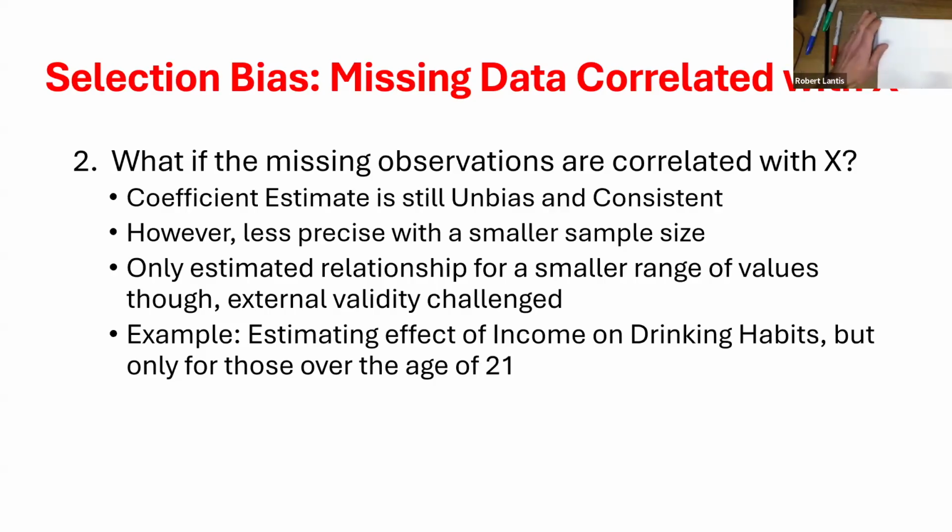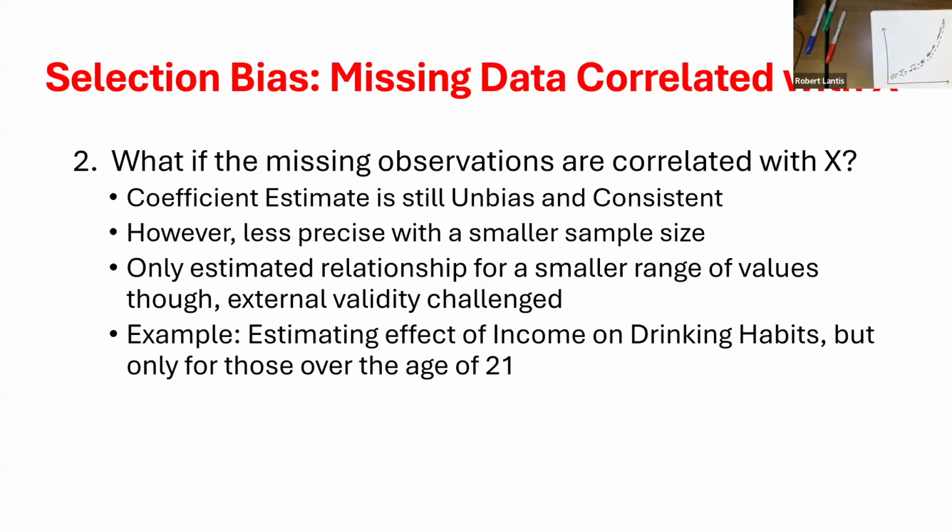But what if I'm trying to look at different models? In my assumption, I said it didn't matter if it was a linear relationship, that I was missing values correlated with X. Now, what if instead I'm trying to estimate a relationship that is nonlinear?